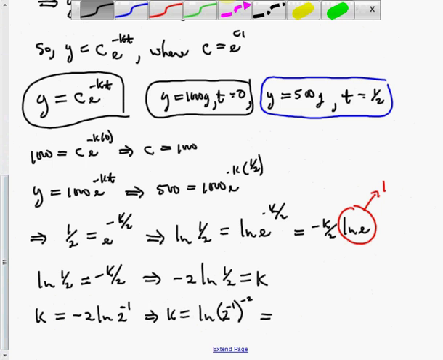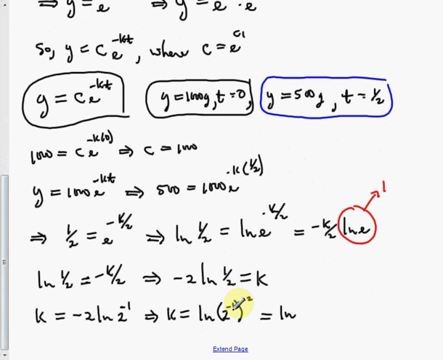The negative 1 raised to the negative 2 is just 2, so this is 2 to the second. So that's just the natural log of 4. Right? So same thing.